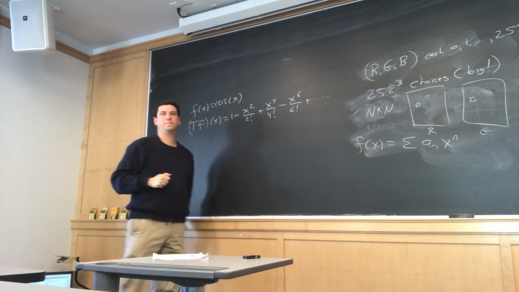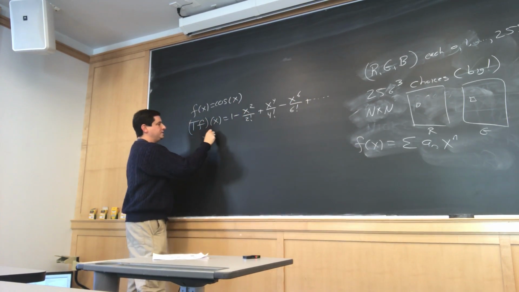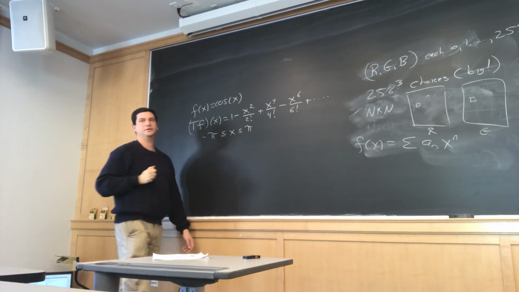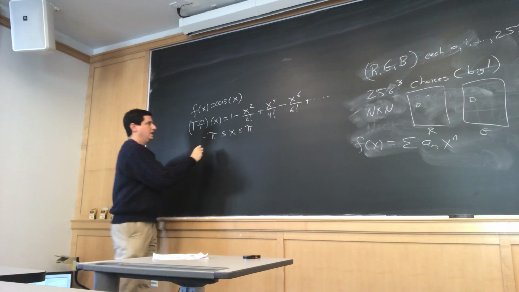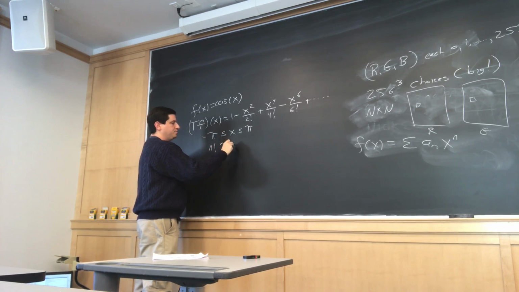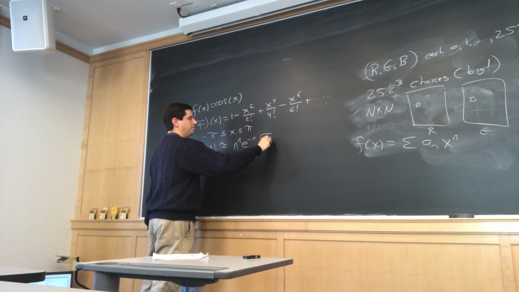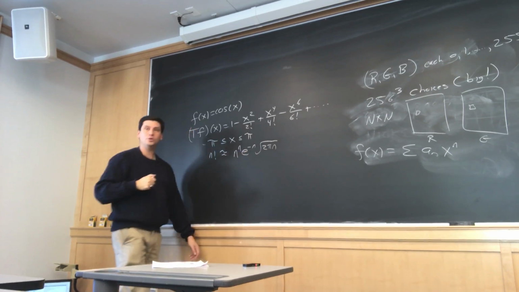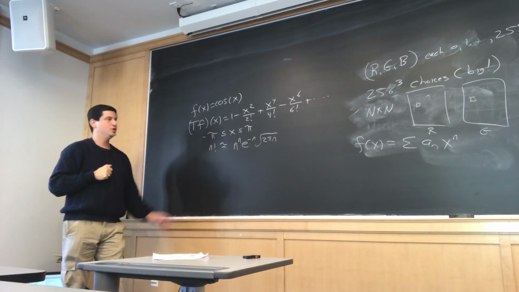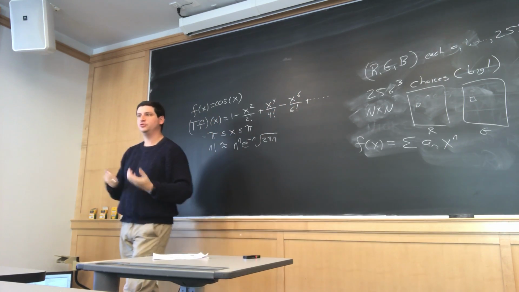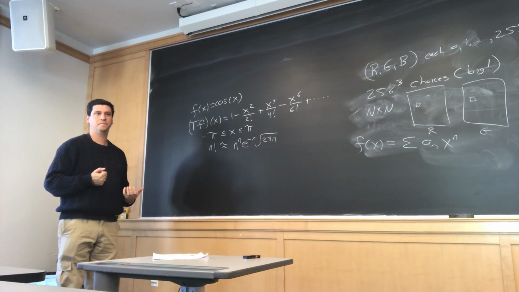And maybe we've normalized things so that minus pi is less than or equal to x is less than or equal to pi. n factorial is approximately n to the n e to the minus n times the square root of 2 pi n. So n factorial is growing very rapidly. Once I take a couple of terms, it does a phenomenal job approximating cosine.